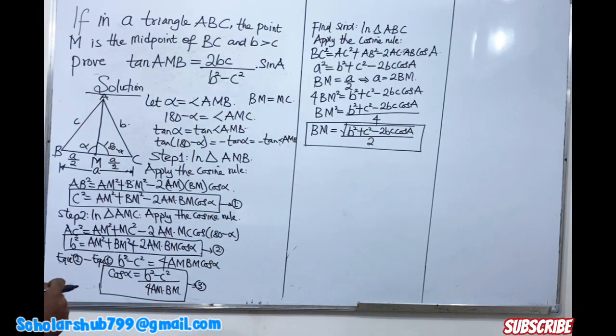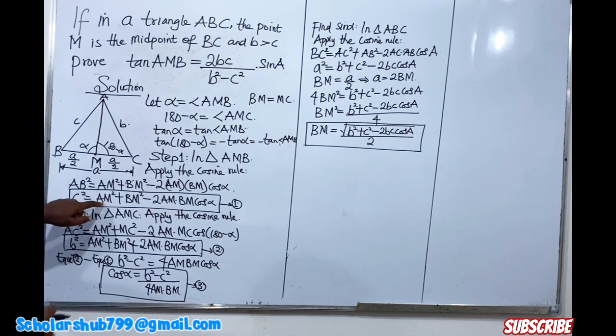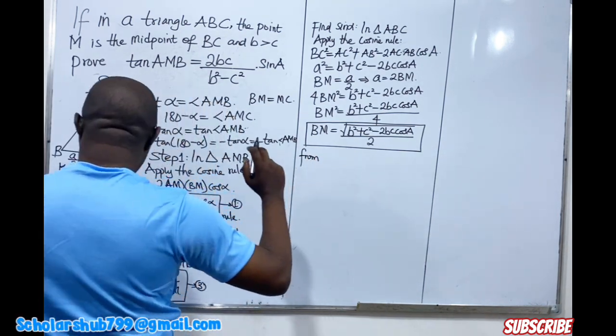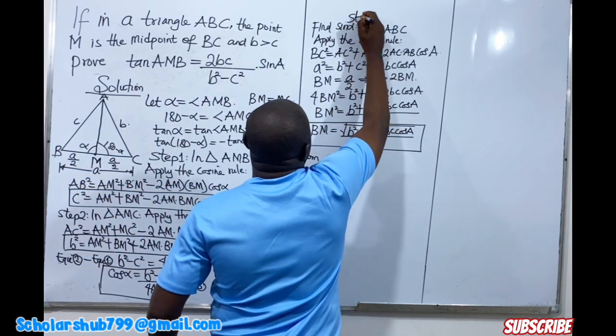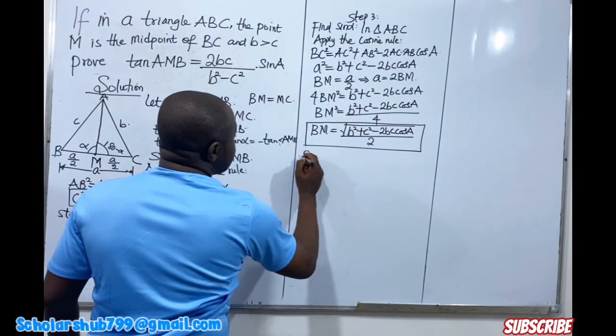Nice. Remember, our goal this time is to obtain sine alpha. Then sine alpha divided by cos alpha will be tan alpha. Now let me also derive the equation for AM squared. So this will be step 3. Now step 4.